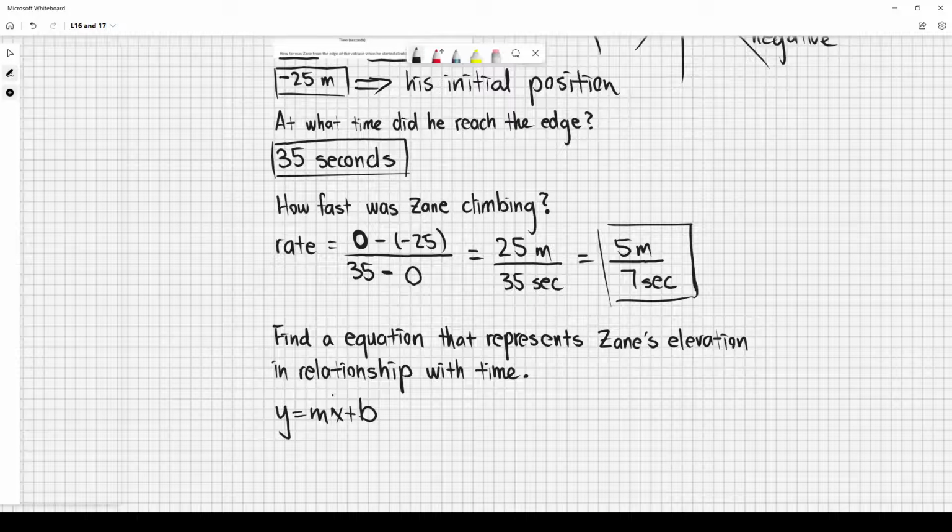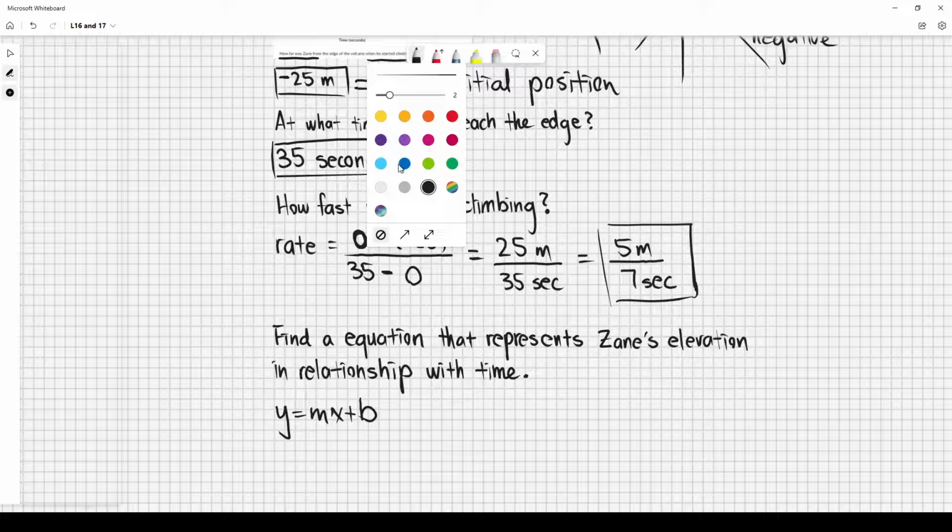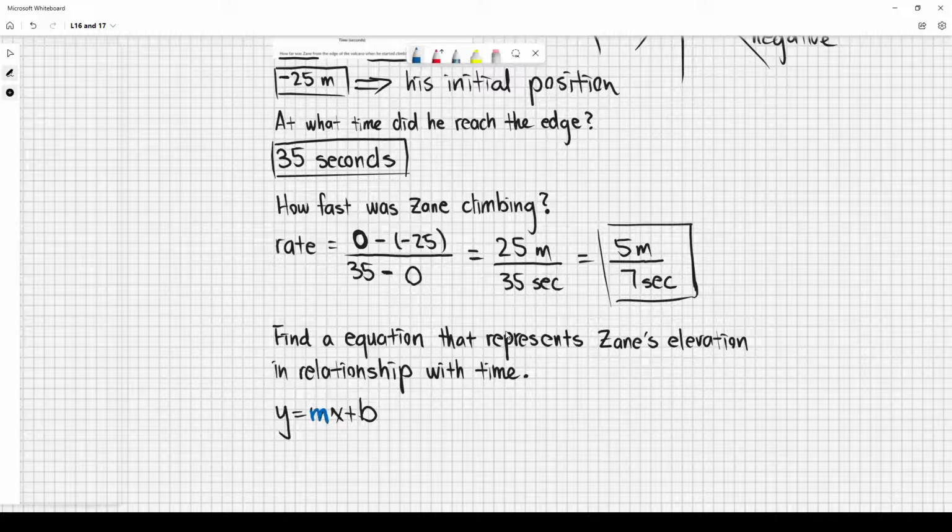So what is m here? What is this m? m is the slope. Nobel, what is the m? The slope is a rate, and this question is how fast, the speed. Speed is a rate.